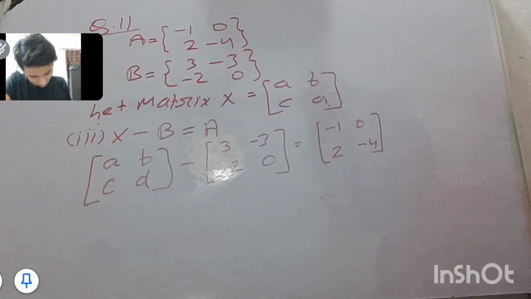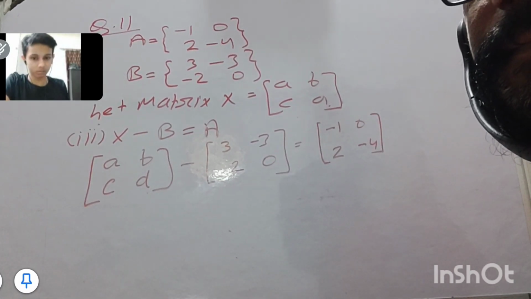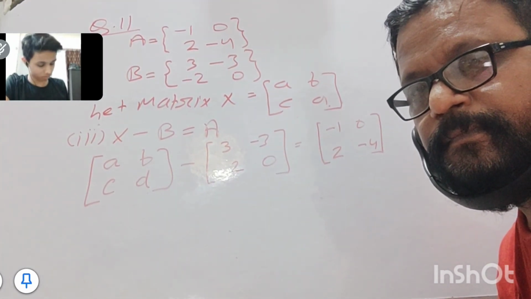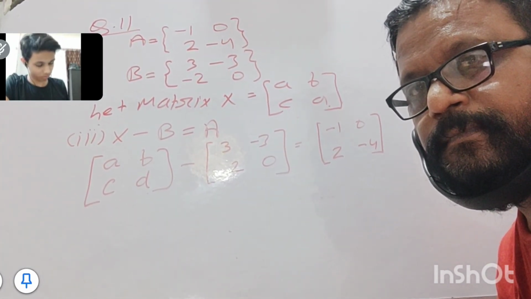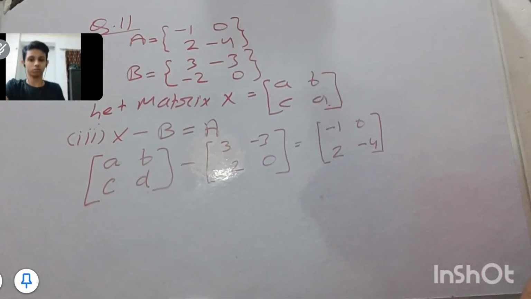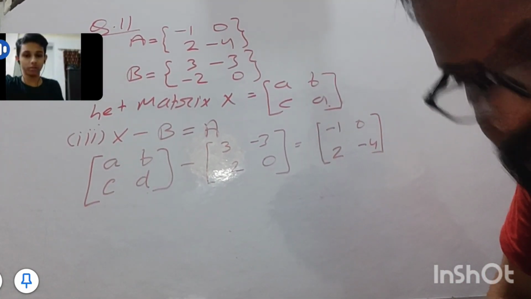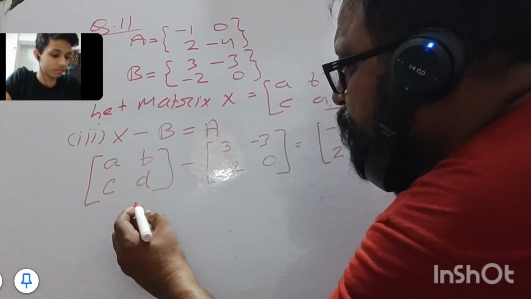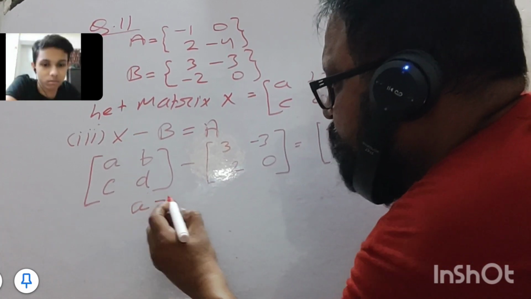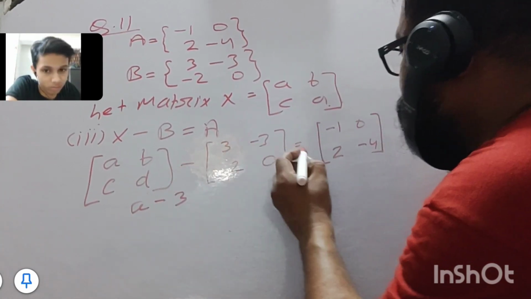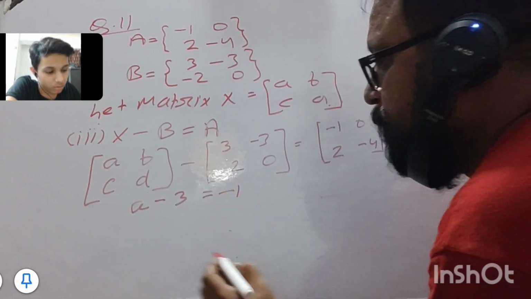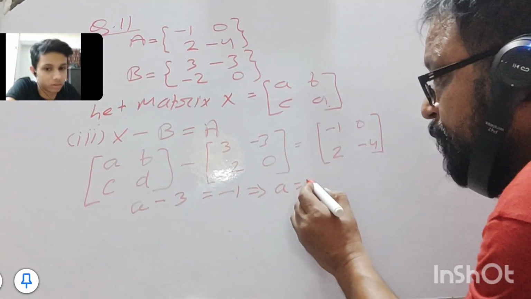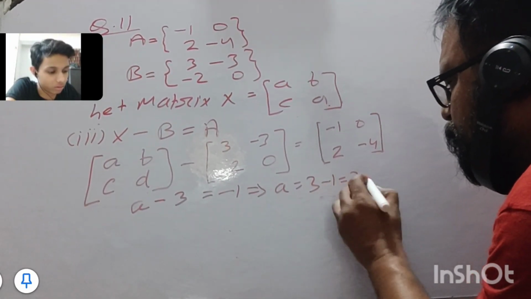Now we will solve it. a minus 3 is equal to -1, so a is equal to 3 minus 1, which is 2.